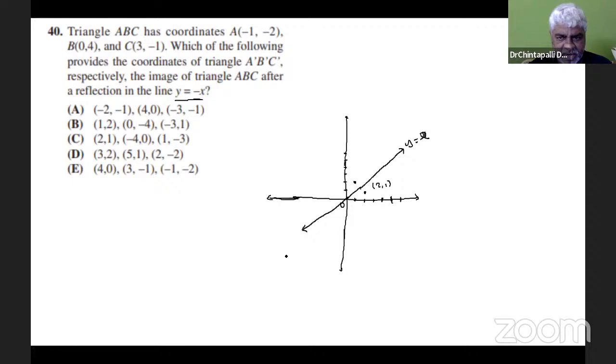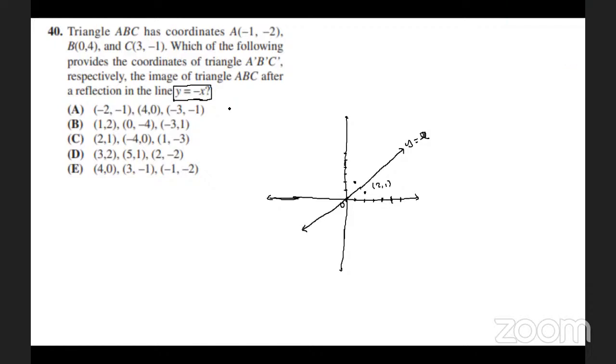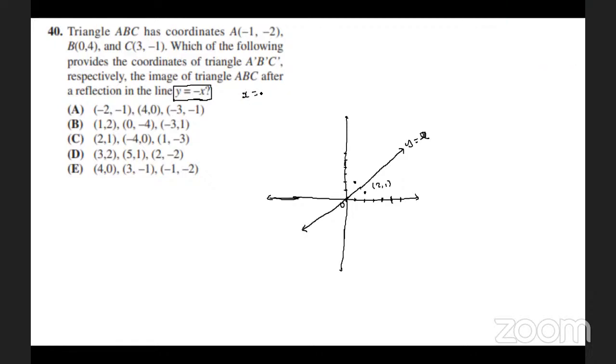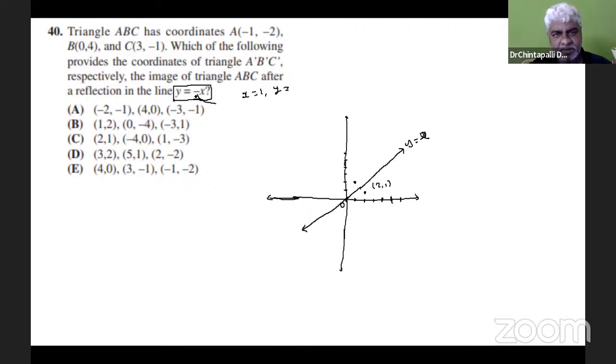Now let us take another line. Can you tell the points on this line? If x is equal to 1, then what is y? Minus 1. If x is equal to 1, then y is equal to minus 1. See, 1, minus 1.